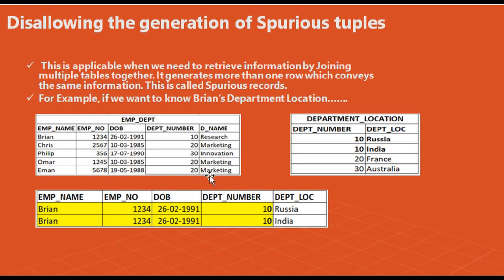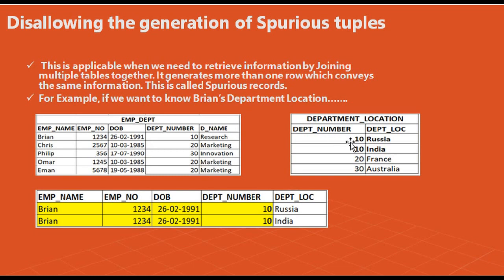If I join these 2 through department number to retrieve the corresponding department location, see the record of Brian. Brian is working for department number 10. Now go to the department location table. Department number 10 is basically operated from two different locations, Russia and India.